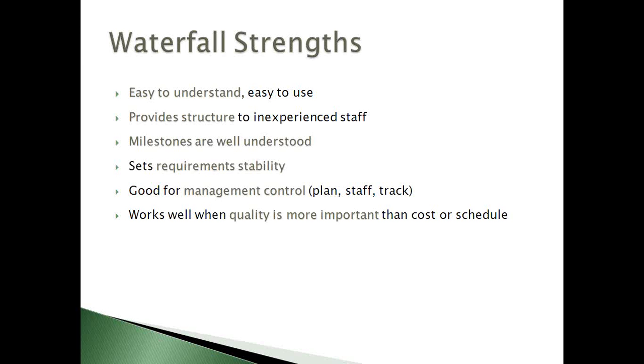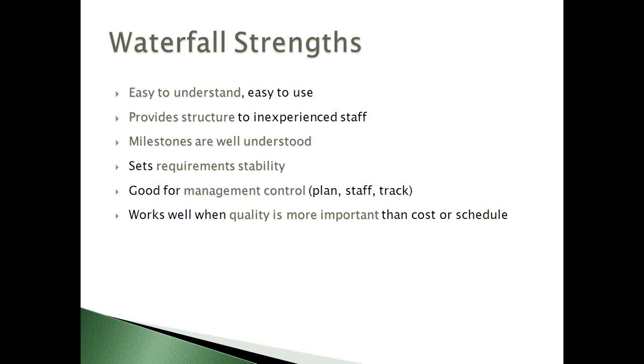And it also provides structure to inexperienced staff, because to perform the waterfall development model, the users are not supposed to have any project experience or practical experience, because they can easily understand what is happening at each phase of the development process using the waterfall methodology.